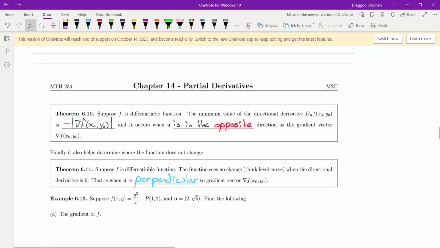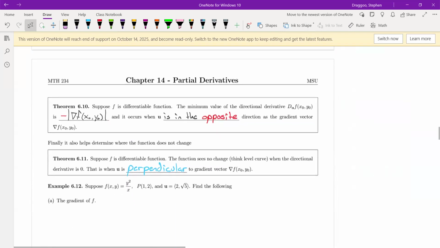Okay, so if that's maximizing our directional derivative, what about minimizing the directional derivative? That's one of the other things we might want to do. If we think back to that bee question, we had our bee density and we're trying to run away from our bees.